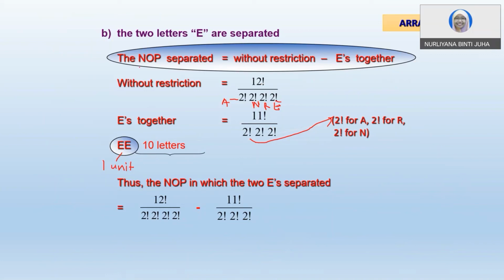The number of permutation where the letter E must be separated is actually equal to number of permutation without restriction, yang keseluruhan, minuskan dengan yang E sit next to each other lah, ataupun together. So you will get the answer.